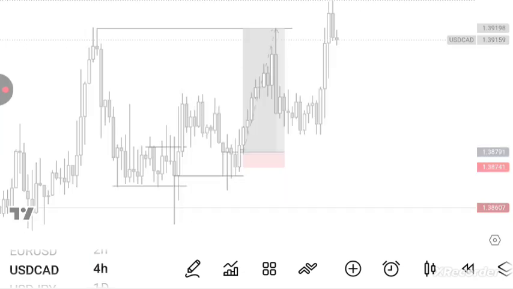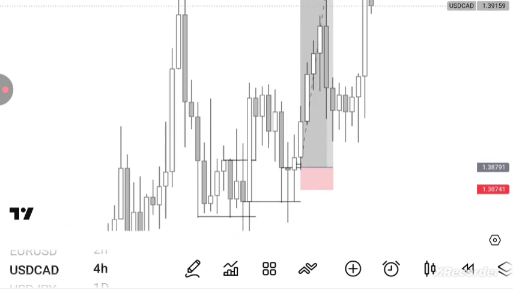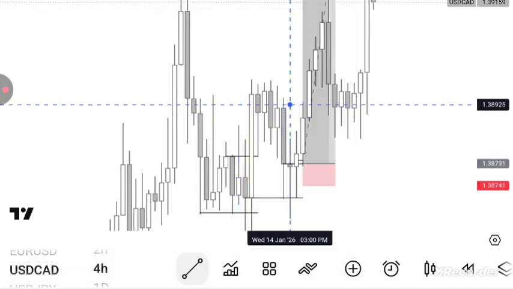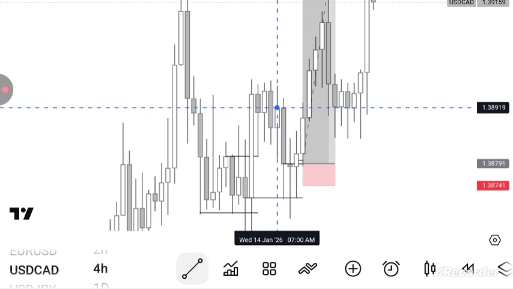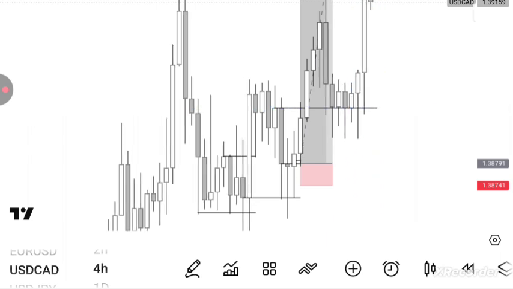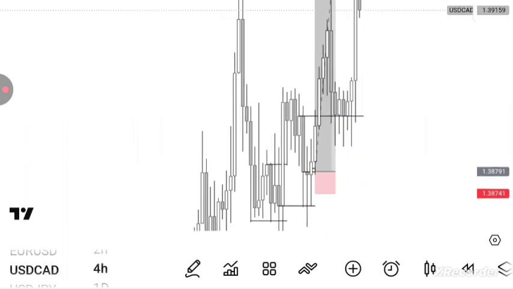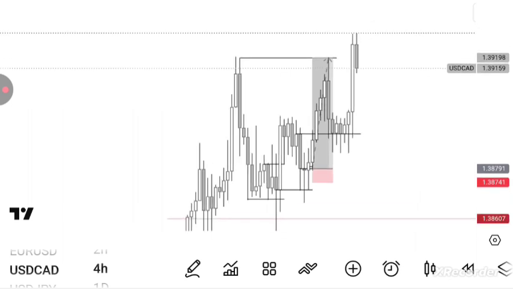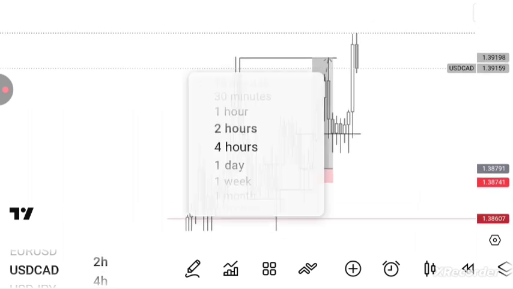The 4 hours gave us a break of structure, which was from this particular level here. After that break of structure, price rejected. You could see multiple rejections from this key level. So, break of structure, right? Move one time frame lower.